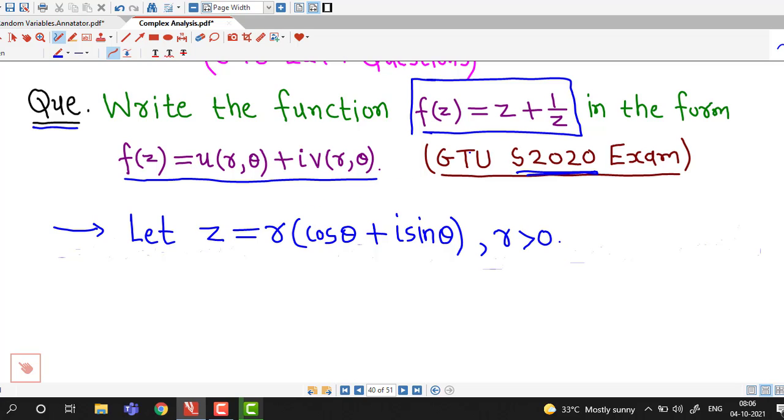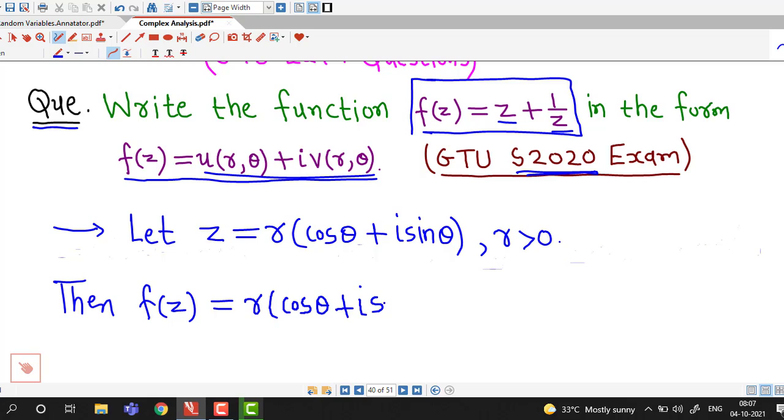Now we substitute this value of z in f of z and we try to simplify in terms of the expression u plus iv. So f of z is z plus 1 by z, z is r into (cos theta plus i sin theta), and 1 by z is 1 over r into (cos theta plus i sin theta).